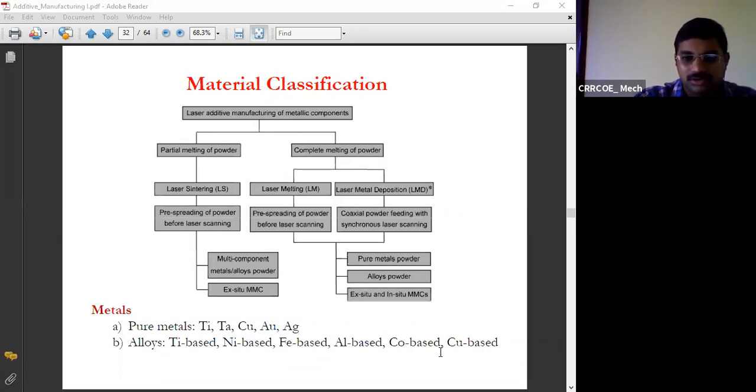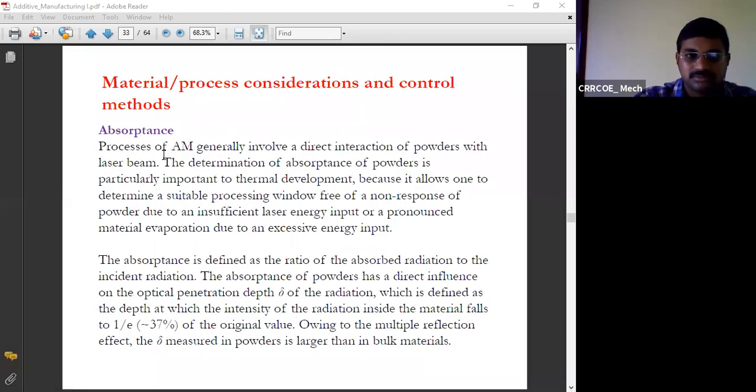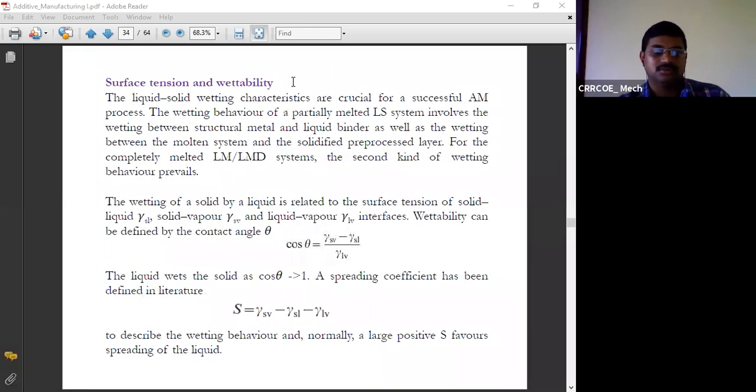Cobalt, copper. So these are the different alloys used in various applications. See, these are the properties for the above given materials.